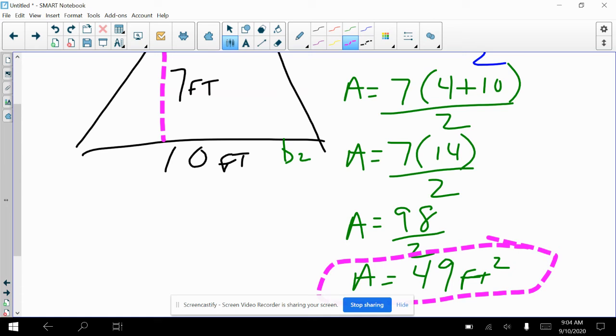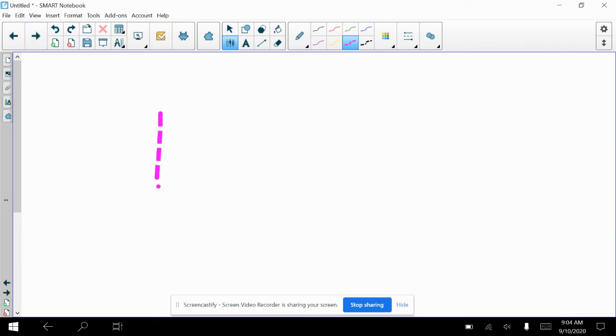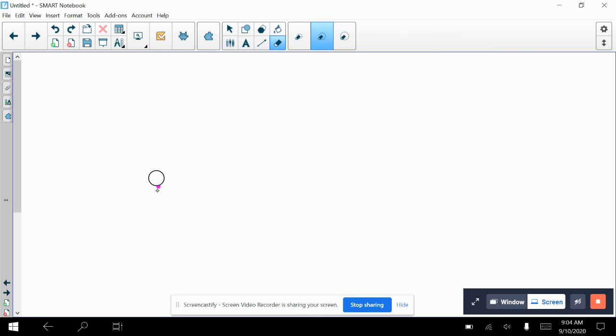Okay, lesson 1.5, using formulas to solve problems. Okay, one more. Last one. What happens if you have something that looks like this? You're going to want to write this one down. Hint, hint.